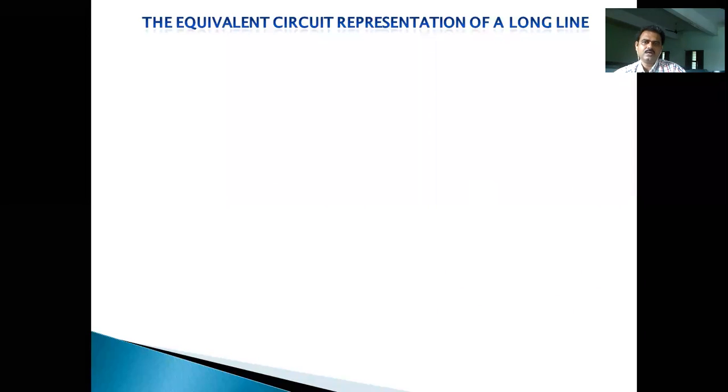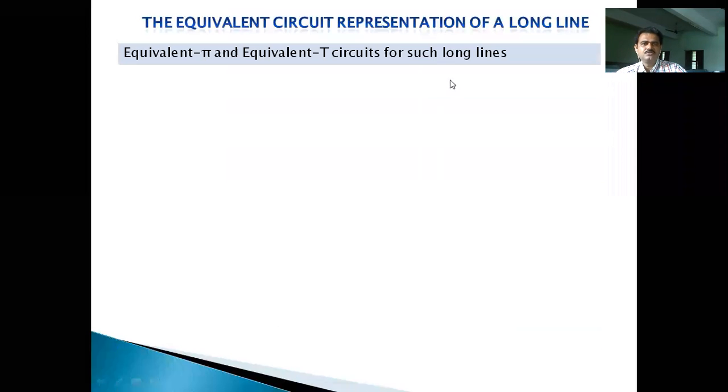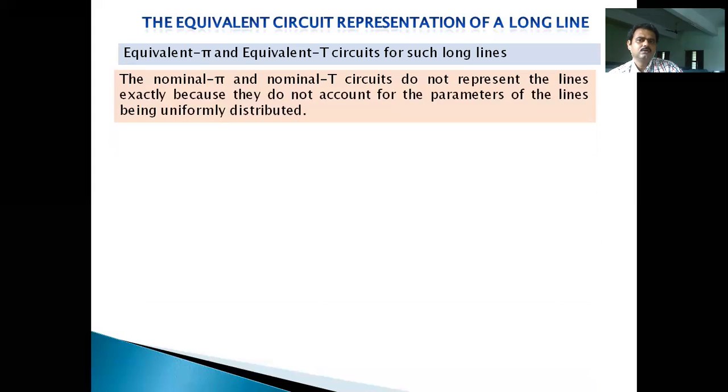Now in today's class we are going to discuss the equivalent circuit representation of a long transmission line. For our convenience, we can model the same transmission line using distributed parameters. We can model the long transmission line as an equivalent pi and also an equivalent T model.